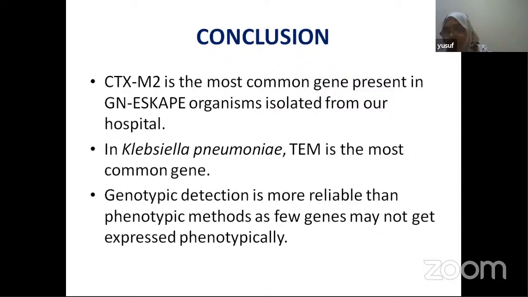By knowing the genes which are showing the resistance, we can give another antibiotic to the patient, so that we save these strains from becoming resistant to the particular antibiotics which we are giving now.